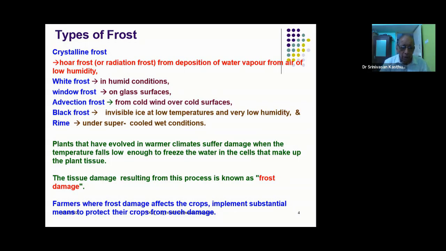The plant cells get damaged, so there is tissue damage, and this results from the process called frost damage. So the frost lowers the temperature of water content in the cells, and it causes damage.